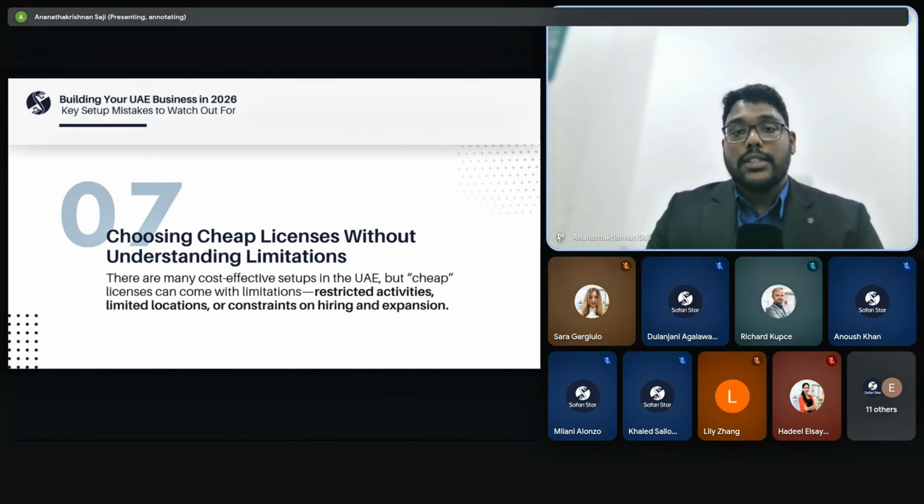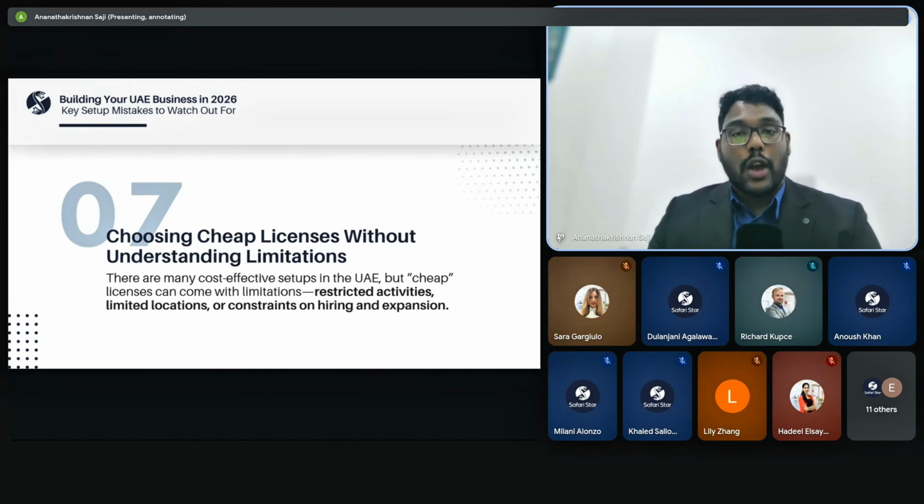But he wanted to go much cheaper, and he chose another free zone which is just 300, 400 dirhams cheaper than the free zone I chose for him. But that specific free zone had issues for a gold trading license. He got the license, but the free zone itself was asking for a lot of documents for compliance verification, and on top of that, he couldn't get his bank account approved.